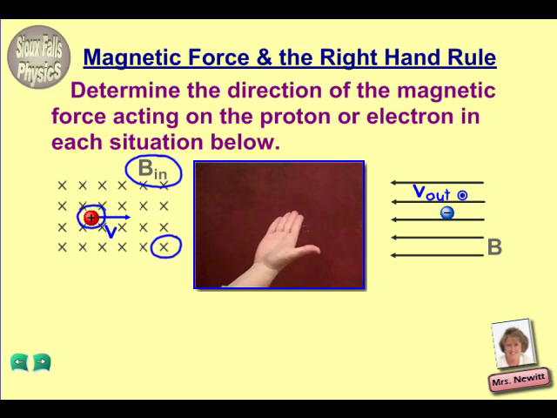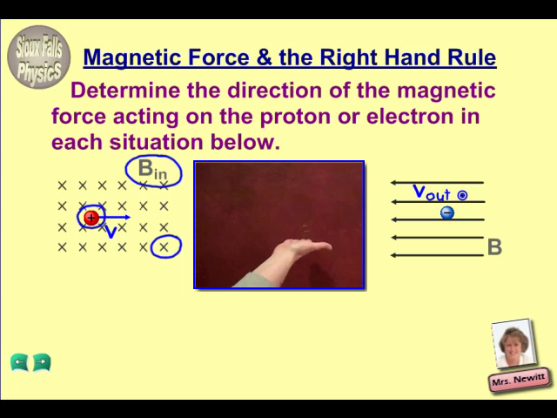And now we're going to line up each part of the palm with a certain part of our situation. Starting with the fingers, those represent the magnetic field. So our magnetic field was into the board, which means we need to orient our hand in this direction. Secondly is the thumb, and the thumb represents the direction of the velocity. So our velocity is to the right, our magnetic field is in, which means our hand should be oriented like this.